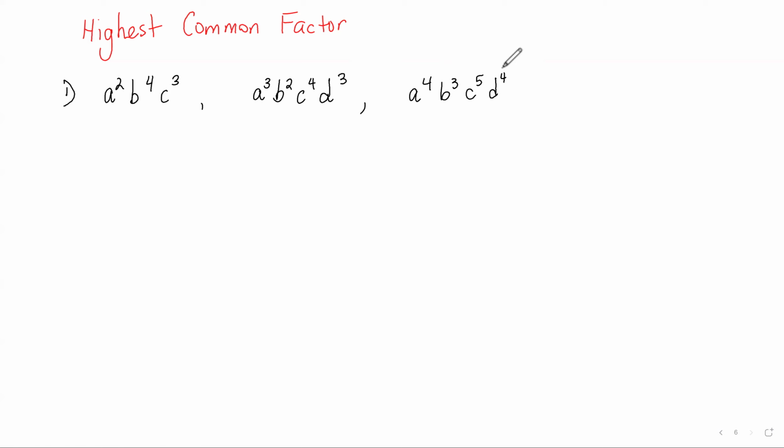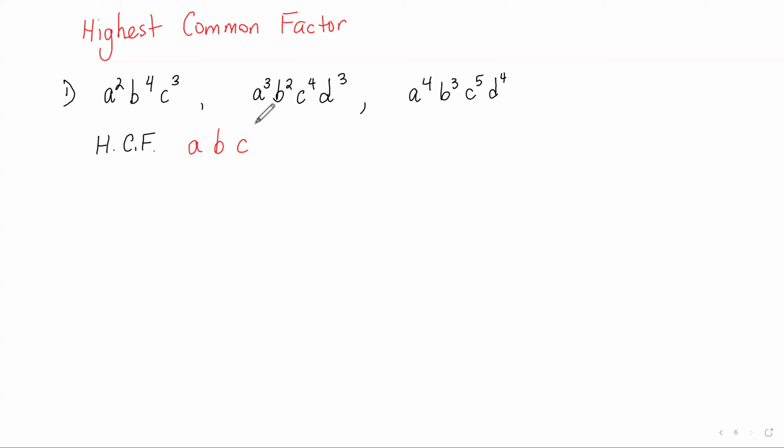So to determine the highest common factor here, here's how you do it, guys. First of all, you look for the letters that are common to all of them, right? So the letters that are common to all of them would be A, B, and C. D is not common to all of them, so D will not be included in the highest common factor.